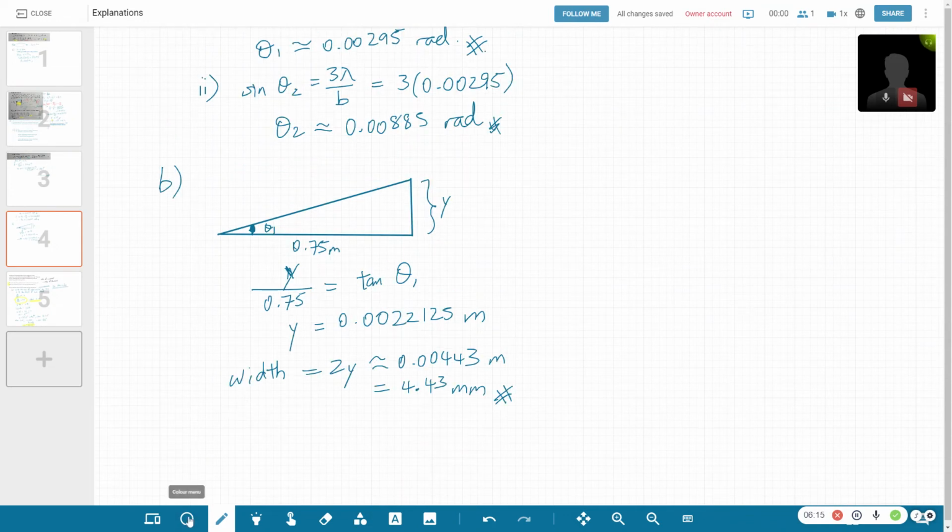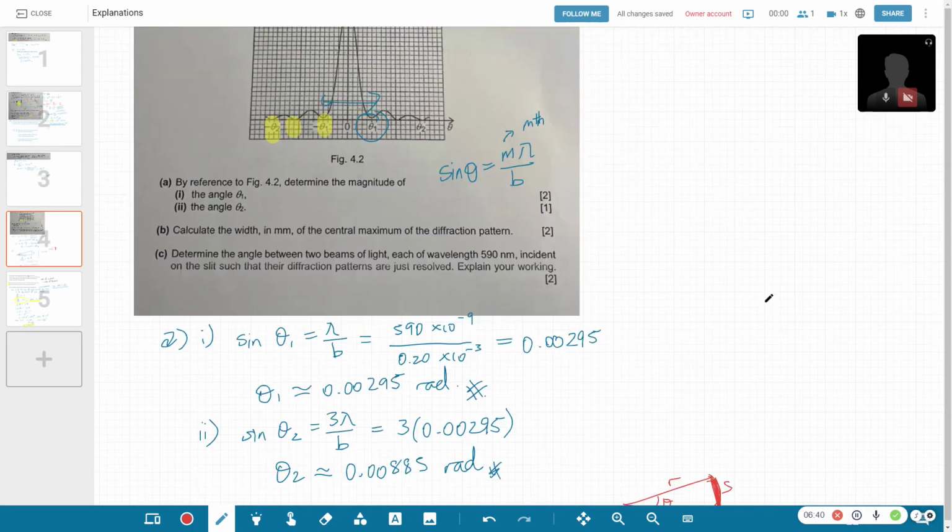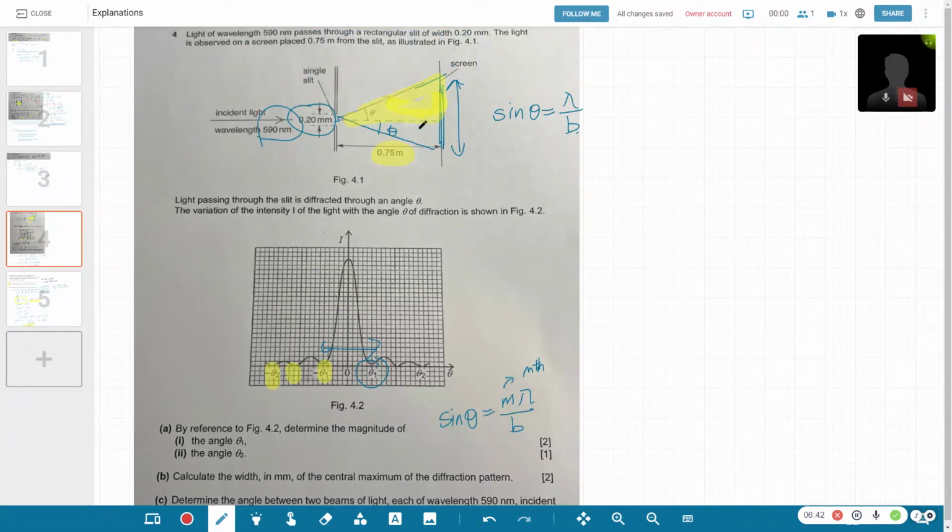Alternatively, this one is only possible when the angle is small, which it is. We can use s equals r theta, where s is the arc length if you recall. This is s, this is r, this is theta. This s is approximately straight if theta is very small, and theta is indeed small here. Because we have theta 1 on top and theta 1 below, the total angle is actually 2 theta 1.